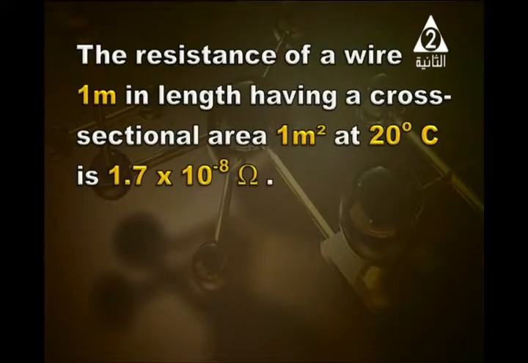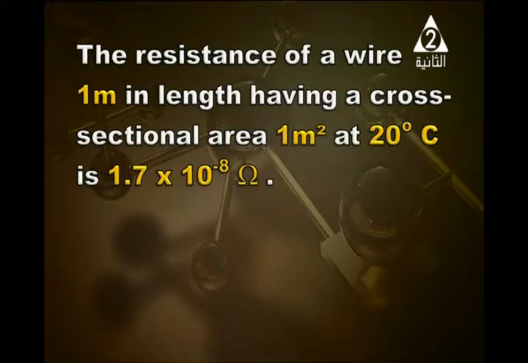The resistance of a wire, 1 meter in length, having a cross-sectional area of 1 meter squared at 20 Celsius, is 1.7 times 10 to the power of -8 ohm. Okay, what do you understand from this?